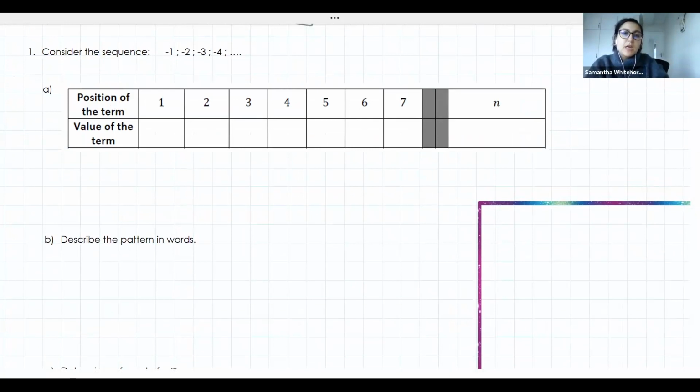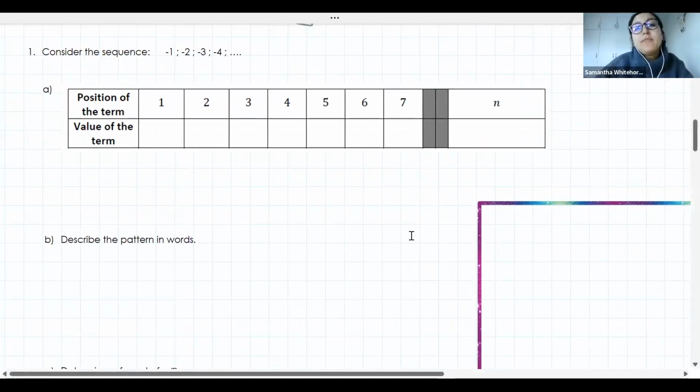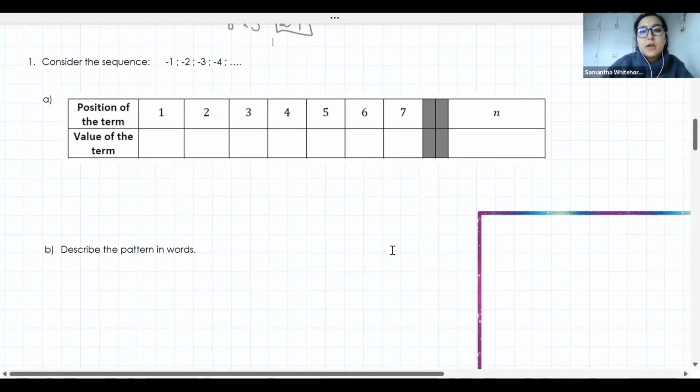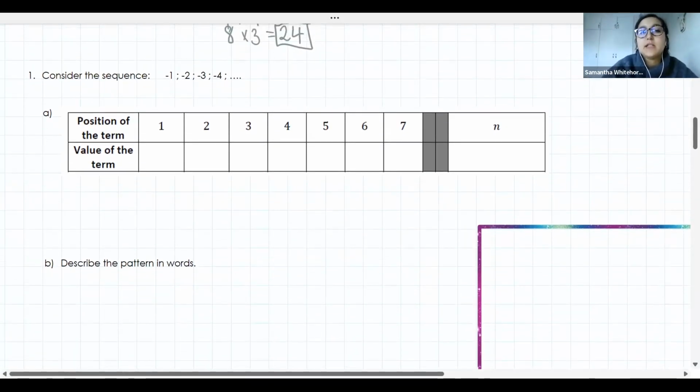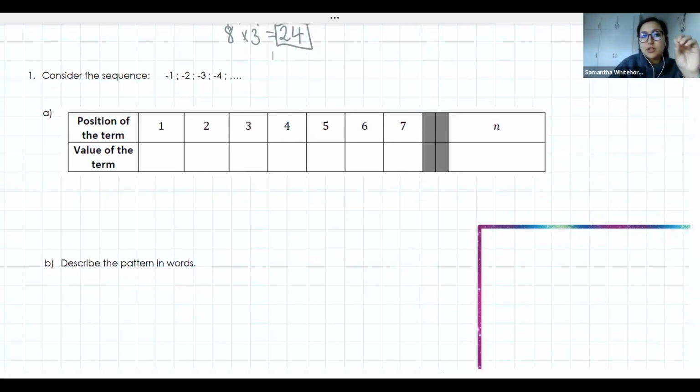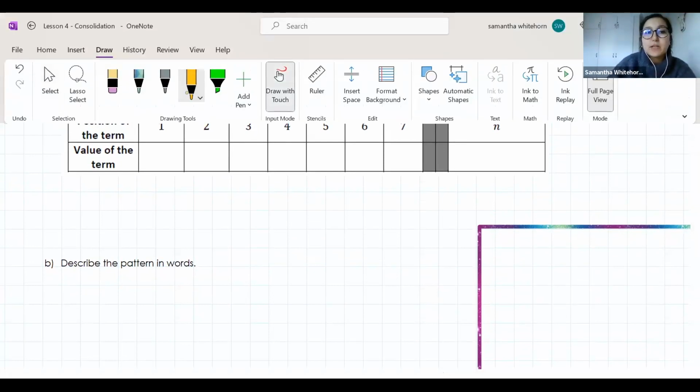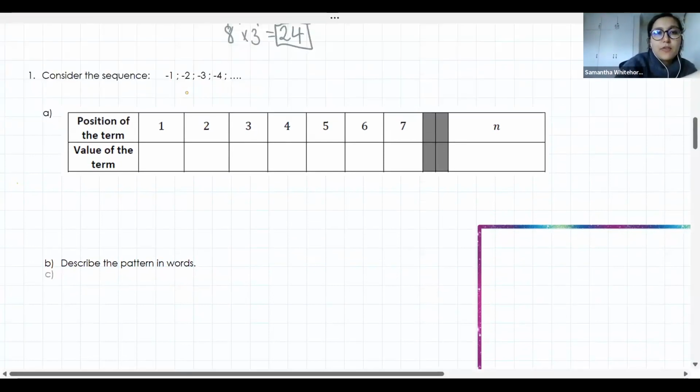Okay, so we have been given a sequence here of -1, -2, -3, -4. Now remember, I always say to you, don't jump straight into the questions. First, look at your pattern and establish what the pattern actually is. So how are you going from -1 to -2? Well, we're subtracting 1.